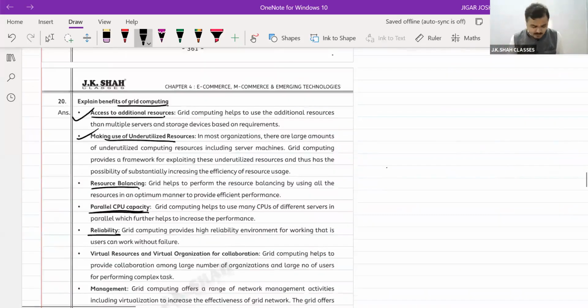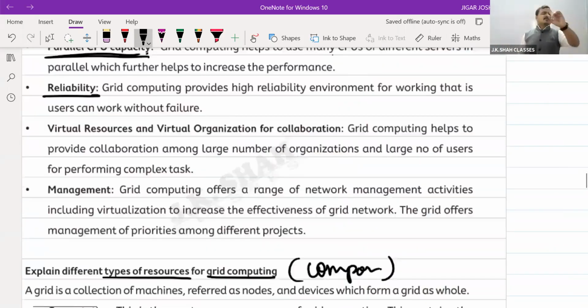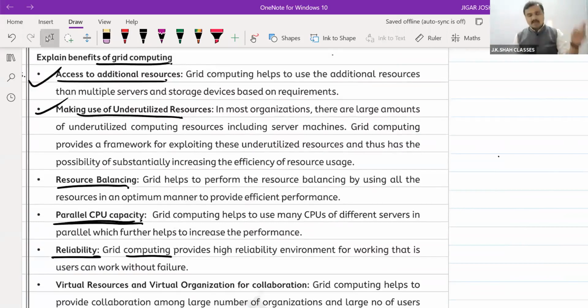So once again, what benefits did we get? Number one, access to additional resources. Number two, making use of underutilized resources. Number three, resource balancing. Number four, parallel CPU capacity. Number five, reliability.